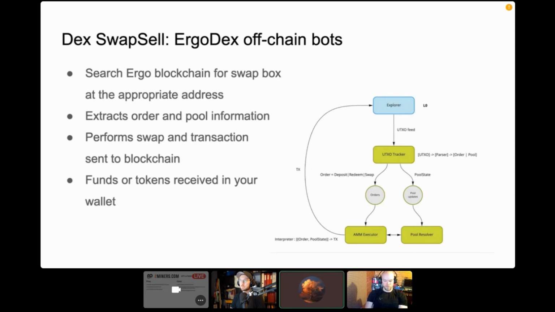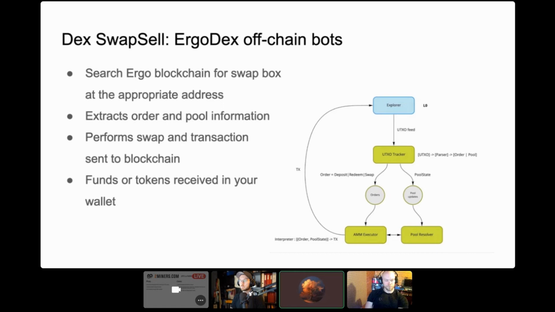So I'm just going to briefly explain how the swap cell works on the Ergodex side. So we perform a Ergodex swap cell whenever you're using GuapSwap. Ergodex uses off-chain bots in order to pick up any Ergodex boxes and then execute the swaps, so that it's decentralized and they can occur faster.